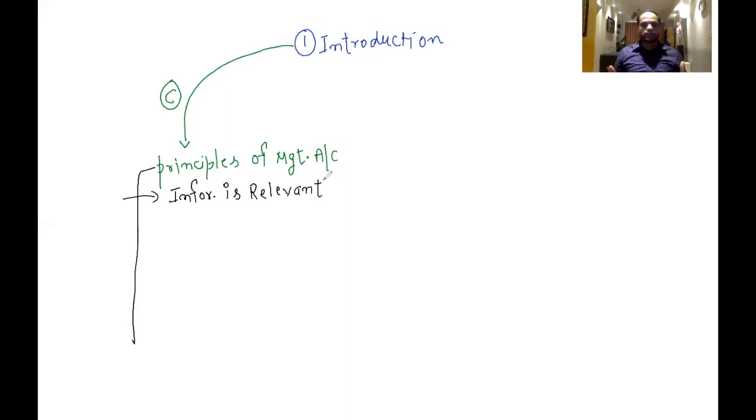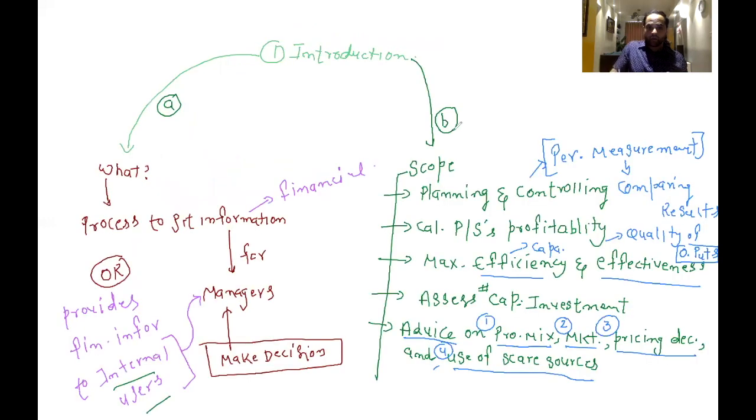As you know, it's all about decision making, right? You can see here in all this scope of management accounting, no matter whether it's planning, control, calculating or maximizing profit, assessing, advising, all these things have something in common. What is the common thing in all of these? The common thing is decision making.